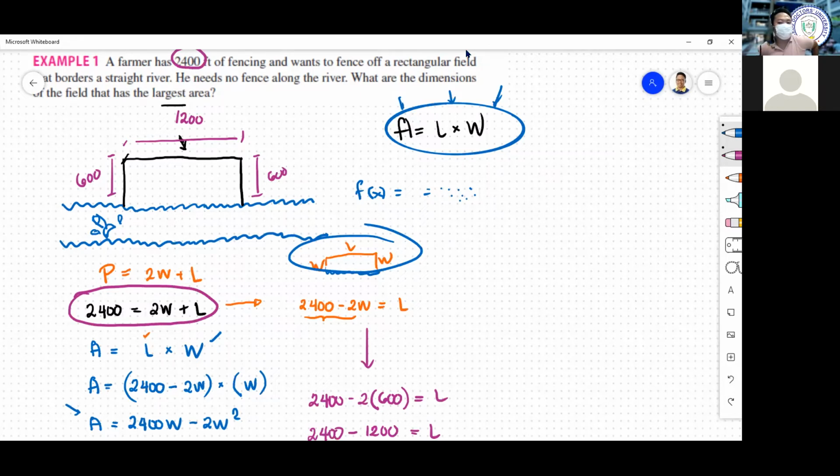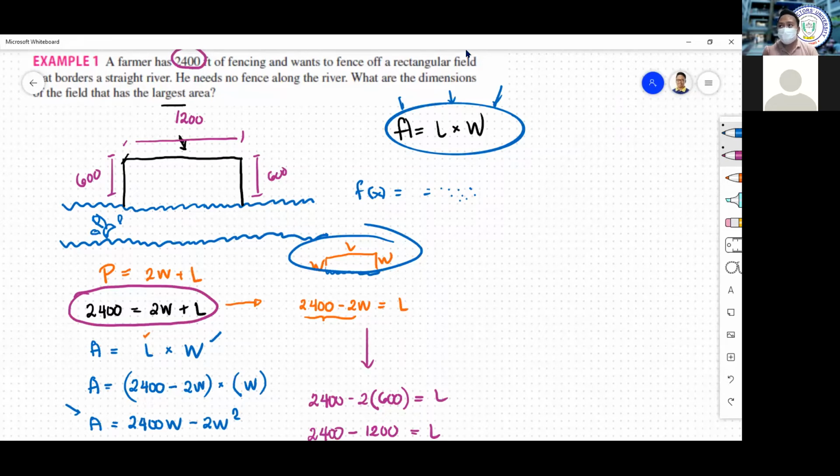Now, if you ask why perimeter, because if we were to use another formula, what do you think we can have? Especially for rectangular plane figures, it's perimeter or area. The reason why it's perimeter is that the 2,400 feet is the total length of the material to be used in fencing.